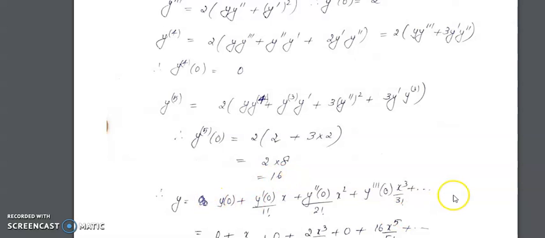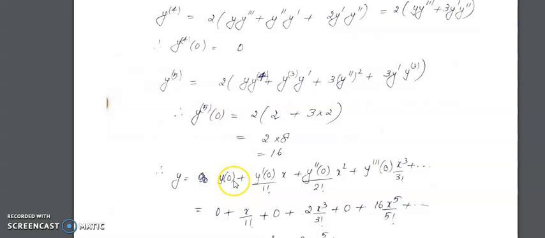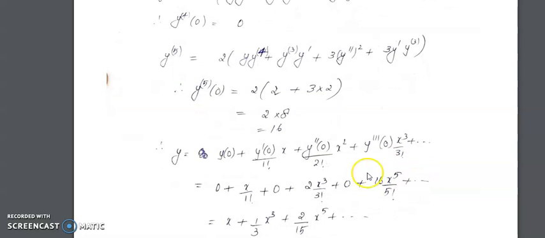So therefore, by using the Taylor expansion, your solution will be y equal to y0 plus y dash of 0 into x by 1 factorial plus y double dash of 0 by 2 factorial into x square plus y triple dash of 0 into x cube by 3 factorial plus etc. So substituting the values of the derivatives, you will get 0. The second term is x by 1 factorial.